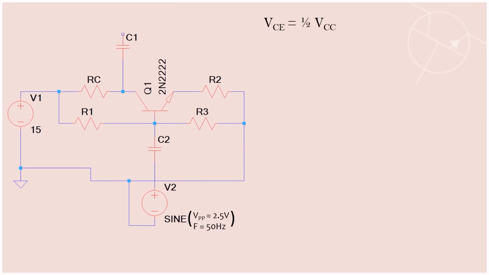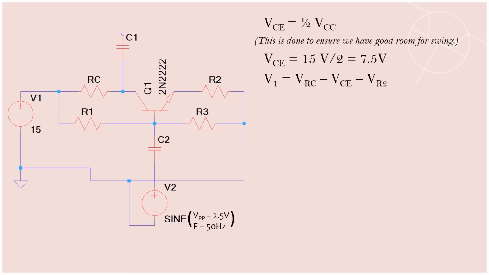First of all, we intend to have a good voltage across VCE, so when our signal comes in, it has a good margin to swing above and below that DC bias. So a good practice is to take VCE to be half VCC, so we have enough room for the signal to swing above VCE and below VCE. So in this case, we are taking our VCE to be half VCC, and that will give us 7.5 volts.